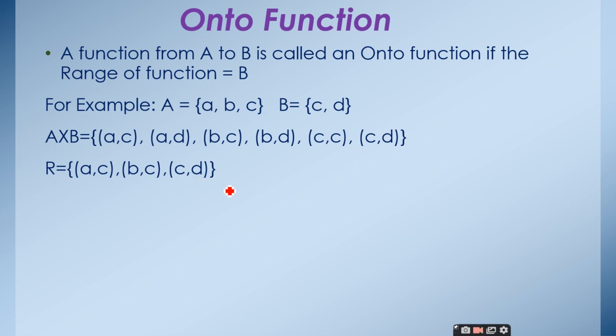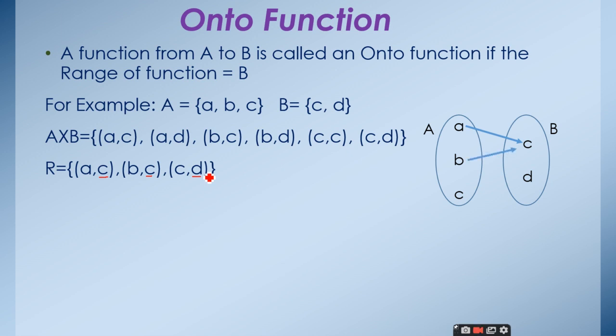Now we will see if it is an onto function. For onto, the range of the function is equal to B, and the range is c and d. Exactly, the range is equal to B, which is c and d. You can also represent this relation as a Venn diagram. This is the set A and this is the set B, and according to the relation, c is associated with a, c is associated with b, and d is associated with c.